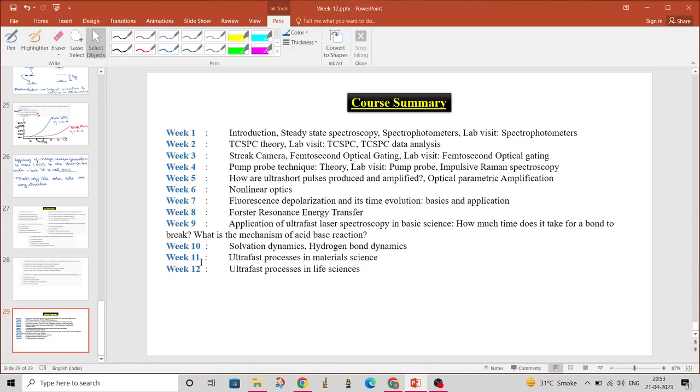Then in week 11, we saw ultrafast processes in material science and plasmonics. And then in week 12, we saw the ultrafast dynamics in some nanoparticles and nanoclusters. And lastly, we finished with two-dimensional IR spectroscopy in 2 lectures.